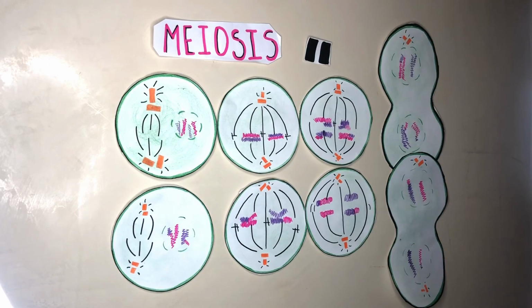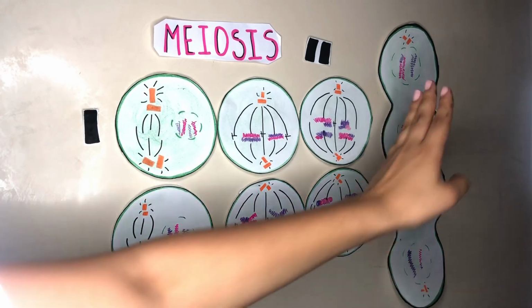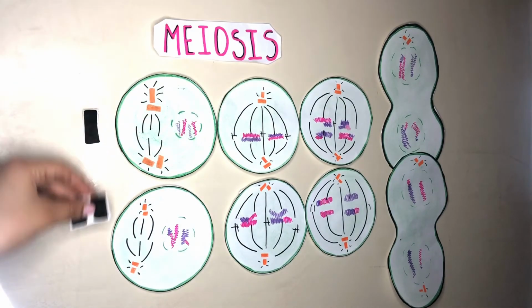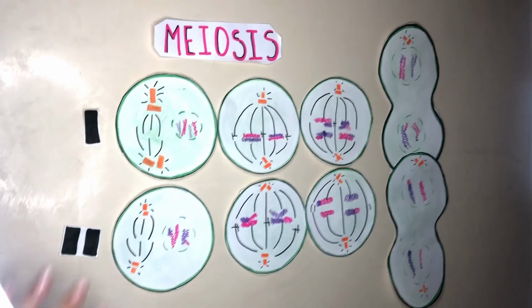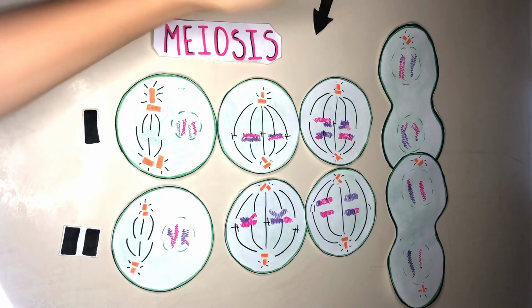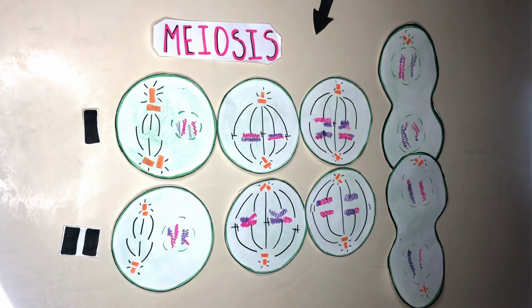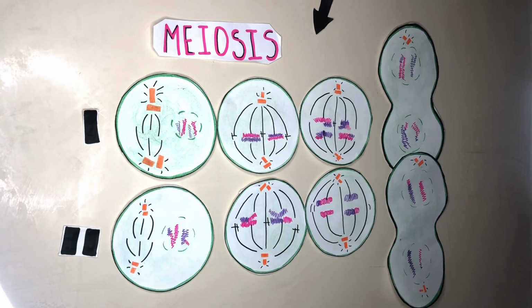So now we know that this is meiosis 1, where the diploid changes to a haploid, and this is meiosis 2, where the cells are haploid, and the telophase forms the gametes. All this is called meiosis. Now I'm going to explain in a brief way how meiosis mixes and matches genes.